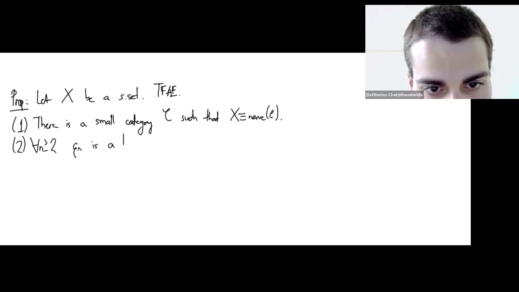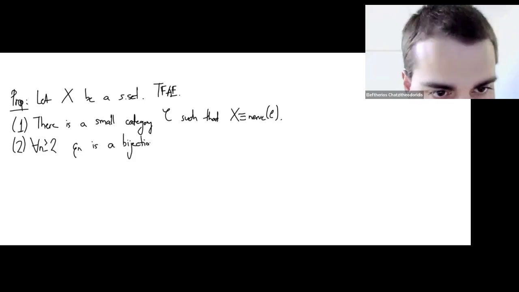So these Segal maps describe precisely when a simplicial set is the nerve of a small category.